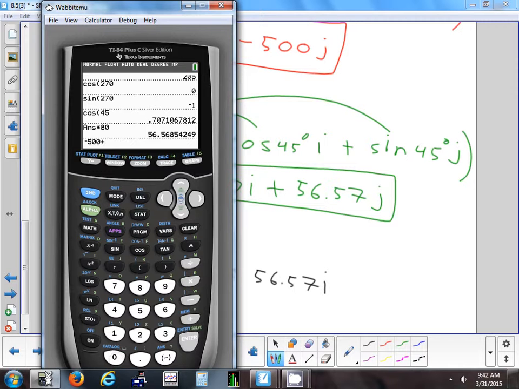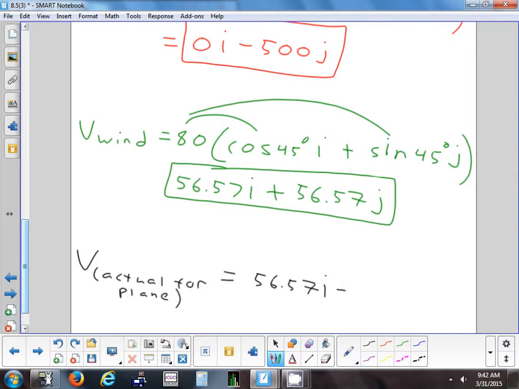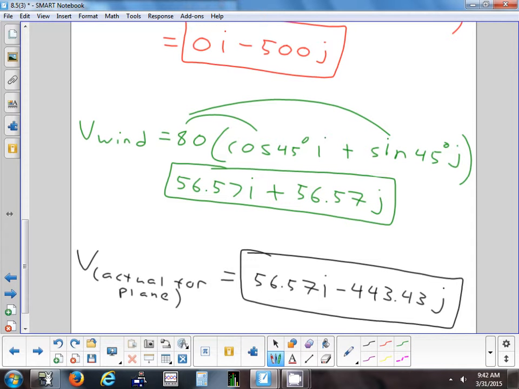But the wind is going to slow it down 56.57. So it's really only flying at 443.43 south. Okay, so that's the velocity vector for the plane, taking into account the wind.